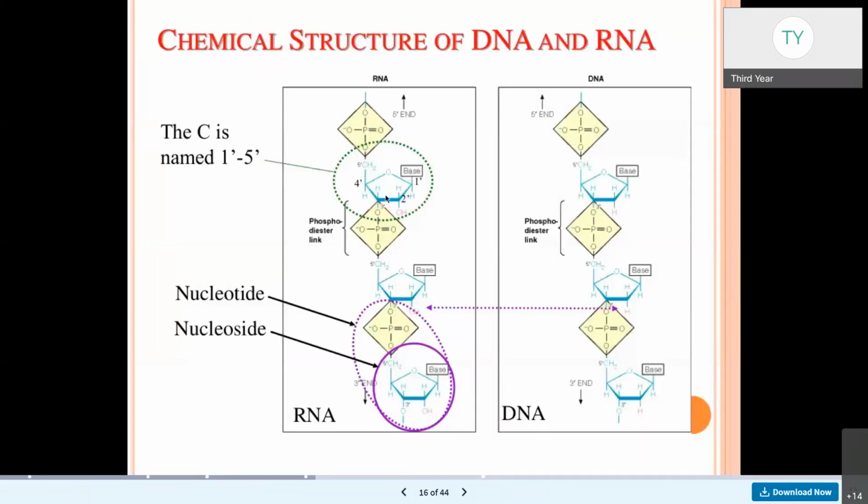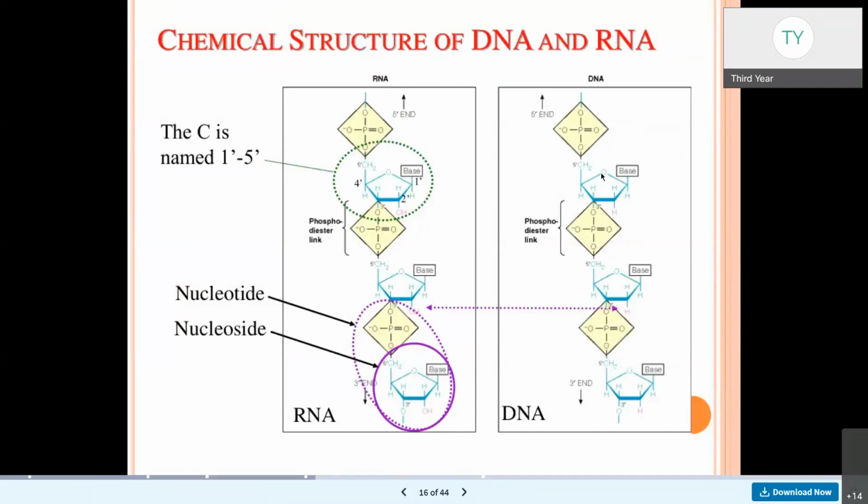So you can see that this is a polynucleotide chain of RNA and a polynucleotide chain of DNA. In DNA, the base is connected with the deoxyribose sugar, and this deoxyribose sugar is connected with the phosphoric acid.